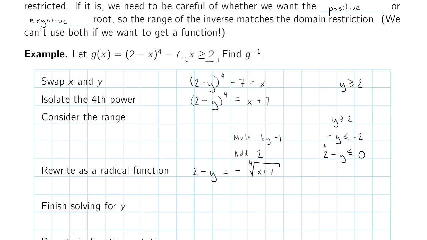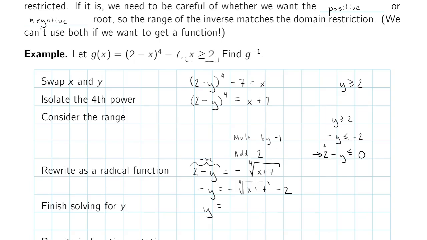Because I want this to be negative. For this reason. And so I need the right-hand side to also be negative. And now I can finish solving for y. I'll subtract 2 on both sides.